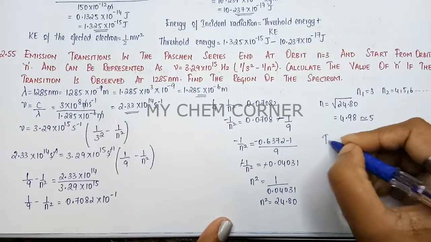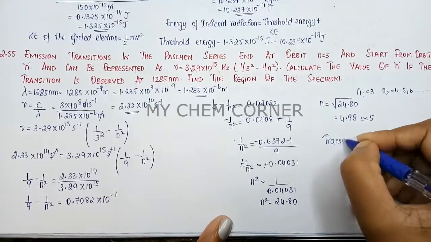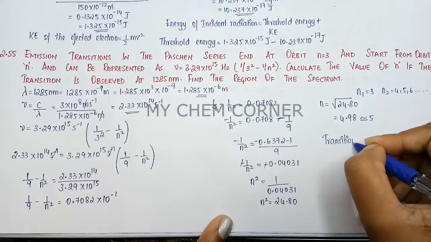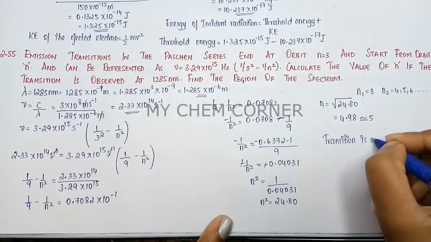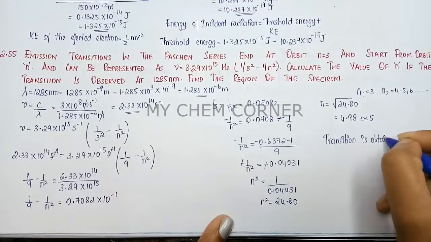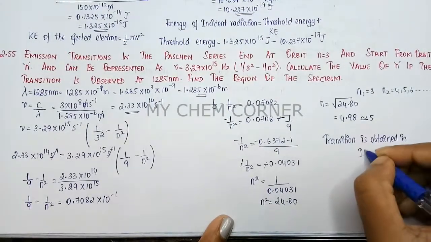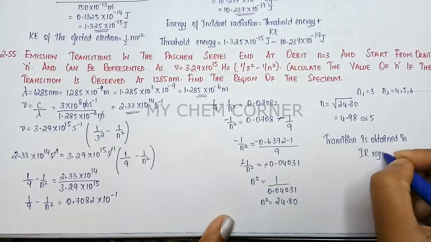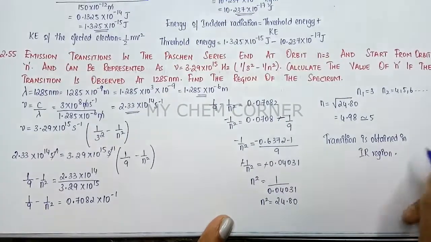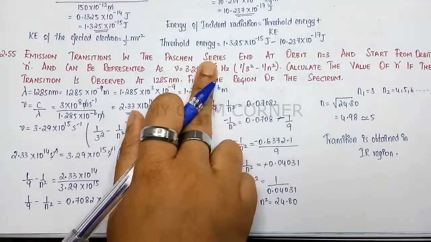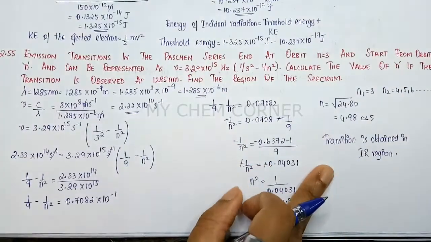So here you can write that the transition is obtained in the IR region. Another clue that lies in your question is the Paschen series. Paschen series lies in the IR region.